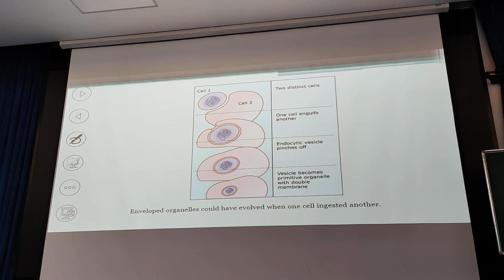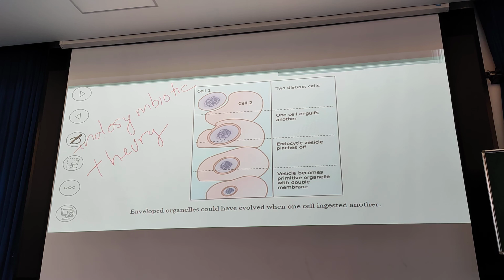And here is a graph that represents this theory. This theory we call the endosymbiotic theory. In the endosymbiotic theory, one cell engulfs another cell, two distinct cells.